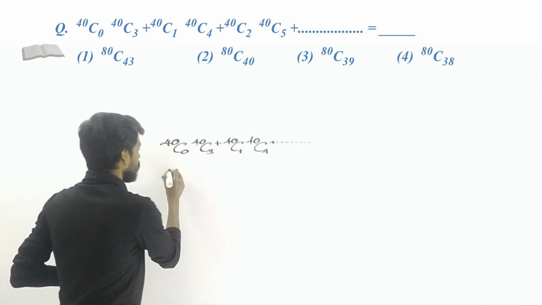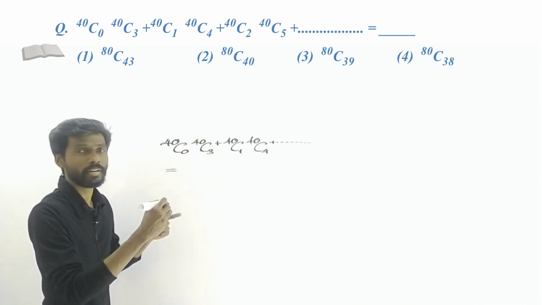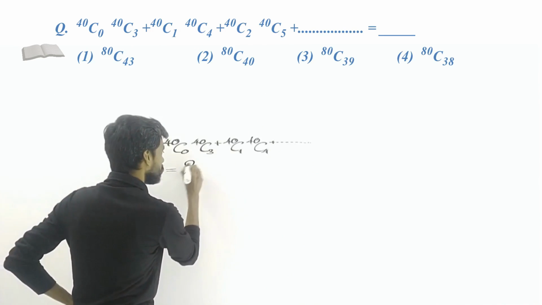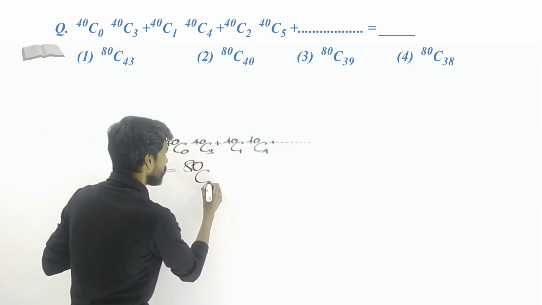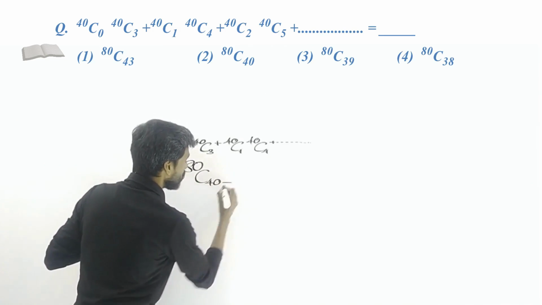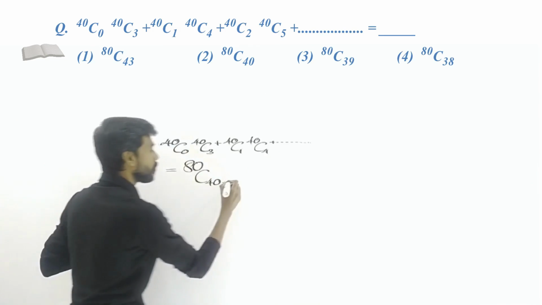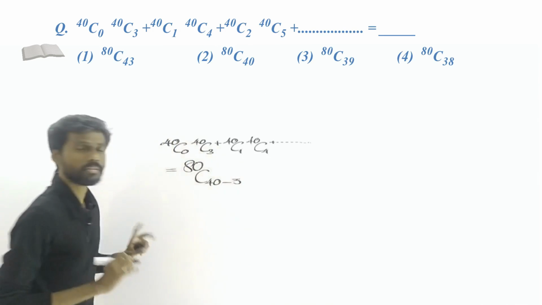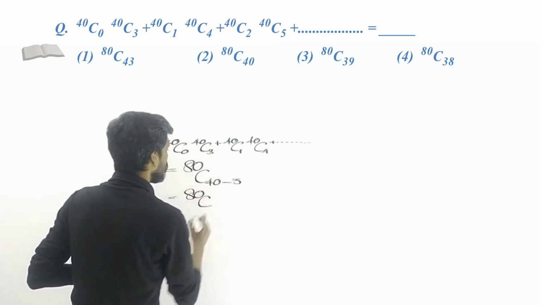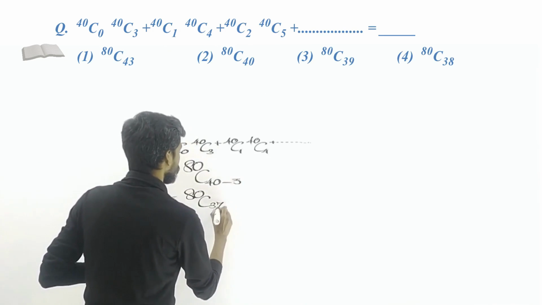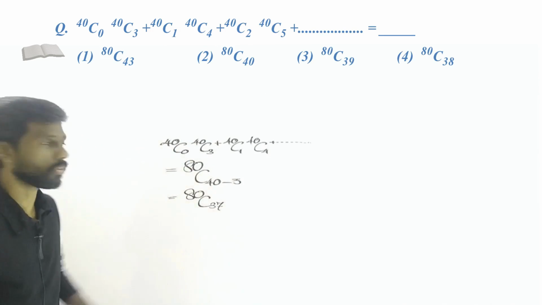So we can directly write the answer 2nC(n minus R). 2n here is 80, n is 40, minus R, which is that difference, 3. So that is the required answer: 80C37.